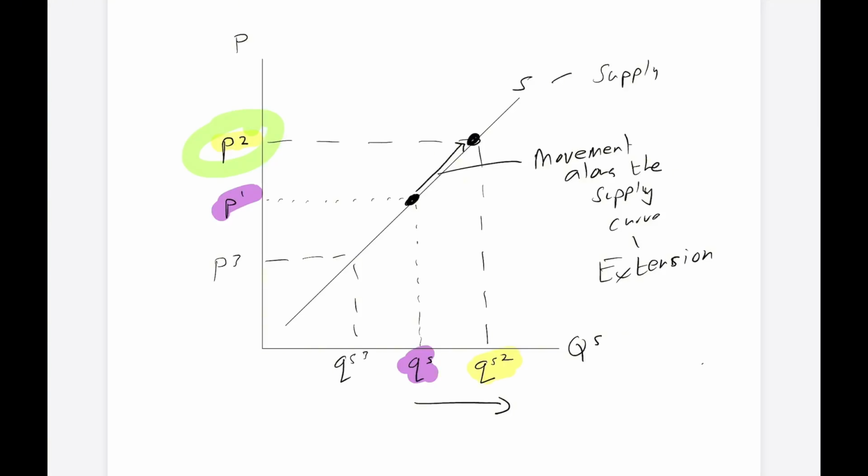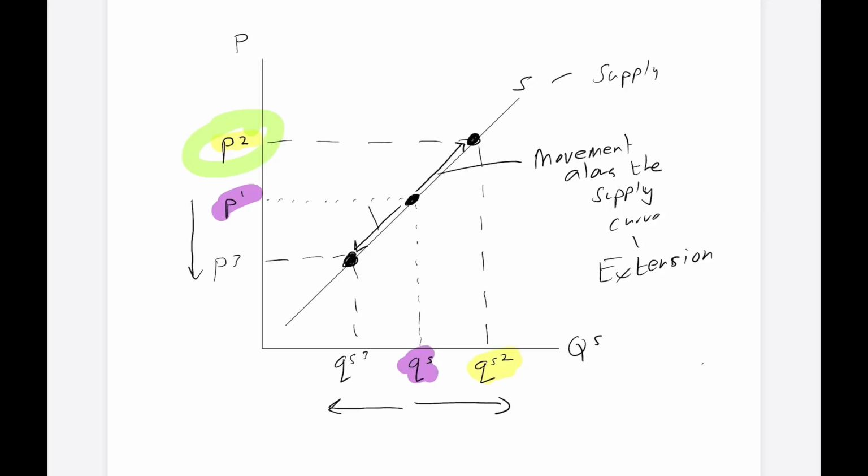Now, if the price decreased from P1 to P3, quantity supplied will decrease from QS to QS3. So we're now going to be at this point here on the supply curve. So here is our movement from P1 QS to P3 QS3.